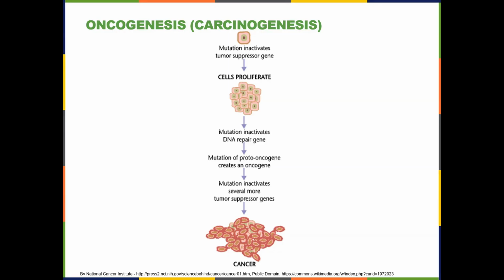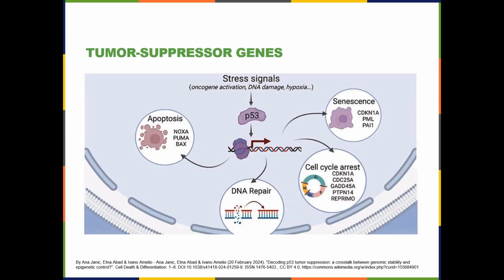This involves genetic mutations that disrupt the processes which normally control tissue growth through the balance of cell division and apoptosis, or programmed cell death. Tumor suppressor genes code for proteins that normally work to slow down the cell cycle, stimulate DNA repair, or stimulate apoptosis of unhealthy cells.